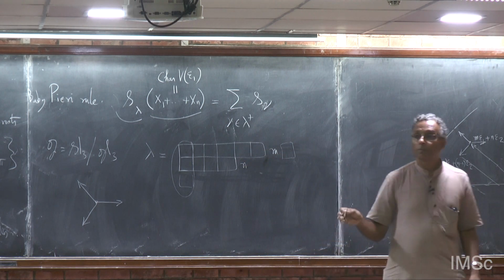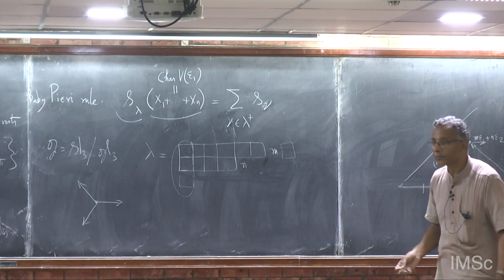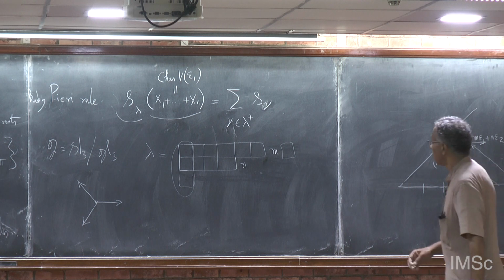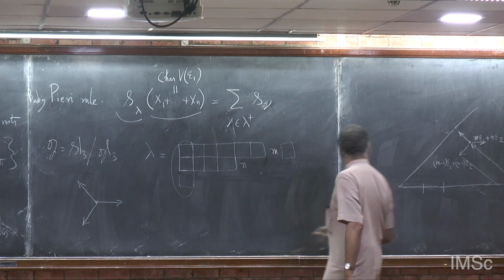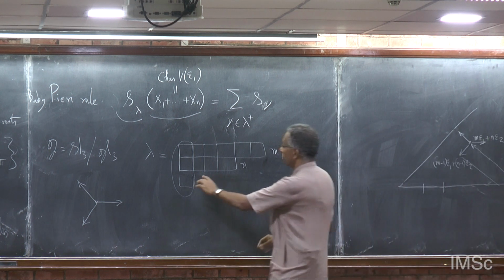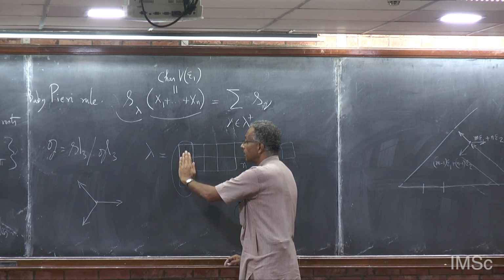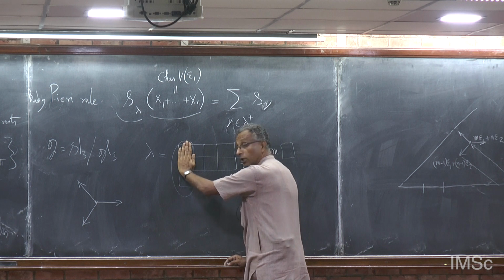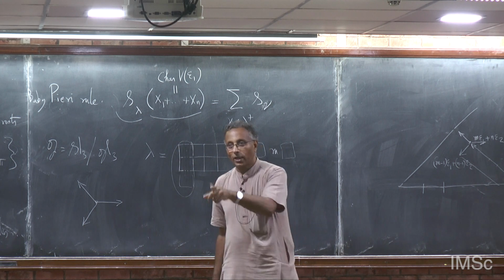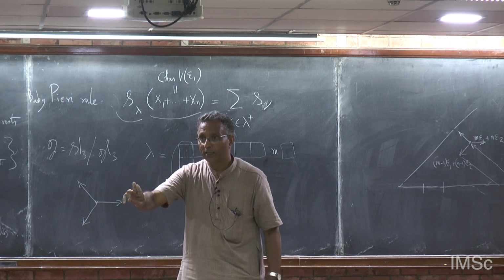So is this right? Yes, you could add a box here, and it would mean m minus 1 epsilon 1 plus n minus 1 epsilon 2. So what happens is, if I add it here, as far as the SL3 representation is concerned, you ignore this, because the partitions that correspond to it must have at most 2 parts.